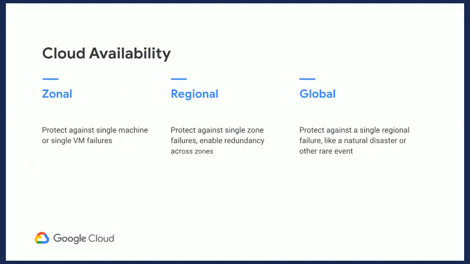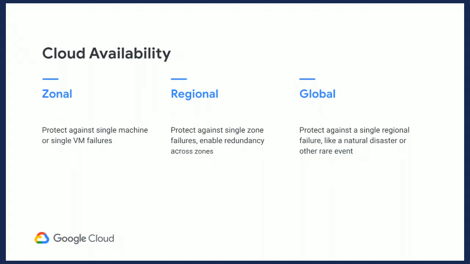So why is all of this important to you? Why do you care about having a global network? Now, if you were to deploy your application, you would deploy it to multiple virtual machines in a single zone. The reason for doing this is to protect yourself against single machine or single VM failures. Similarly, in order to protect yourself against single zone failures, you can replicate your application across multiple zones in a region.